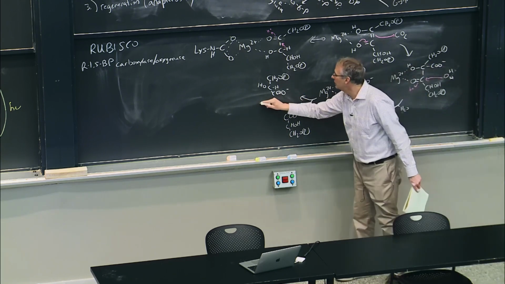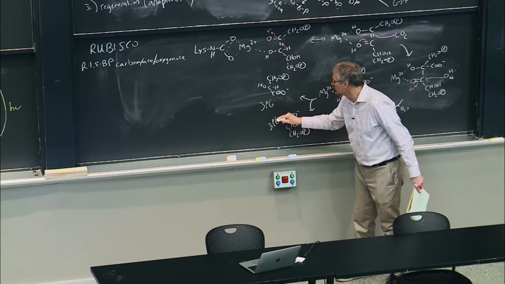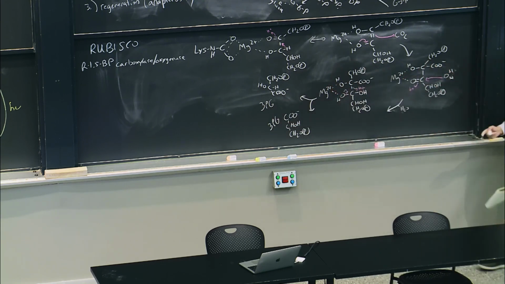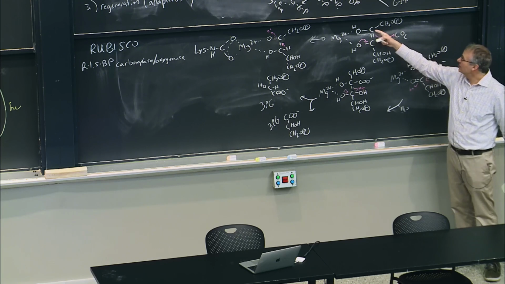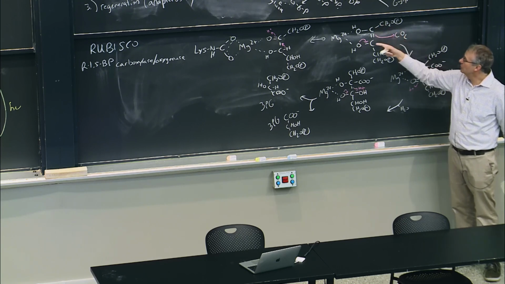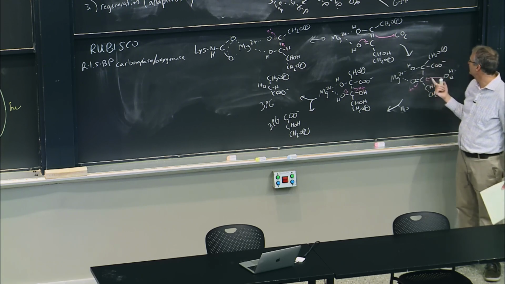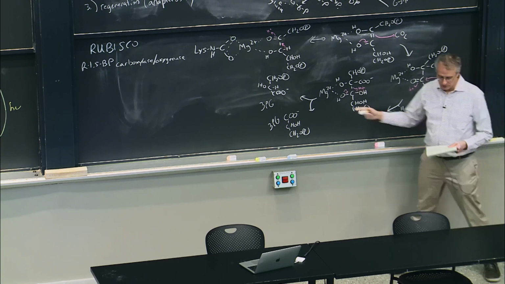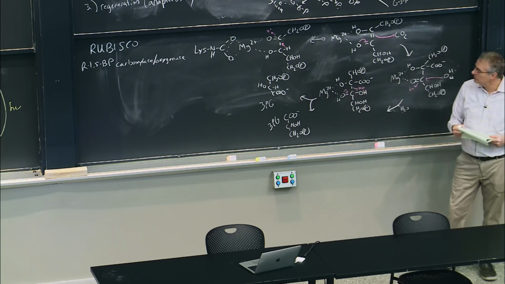So 2 3-phosphoglycerates generated. So ultimately what's happening is we're adding a CO2 basically between the 2 and 3 carbon of ribulose 1,5-bisphosphate, breaking the molecule in half to get 2 3-phosphoglycerate molecules.